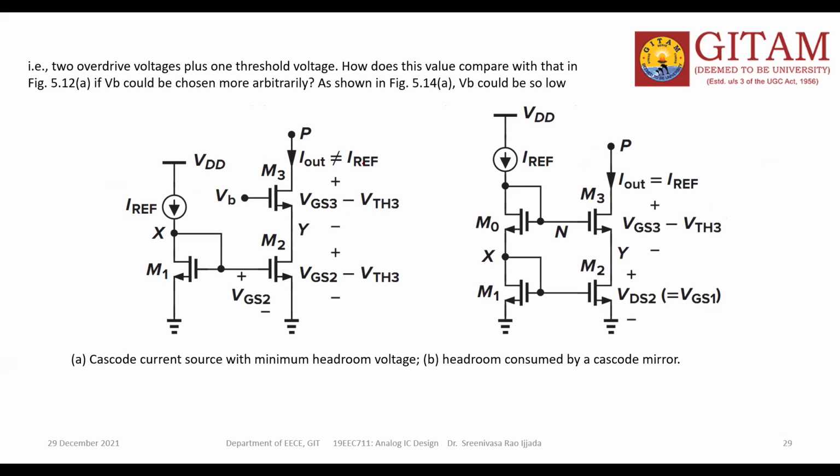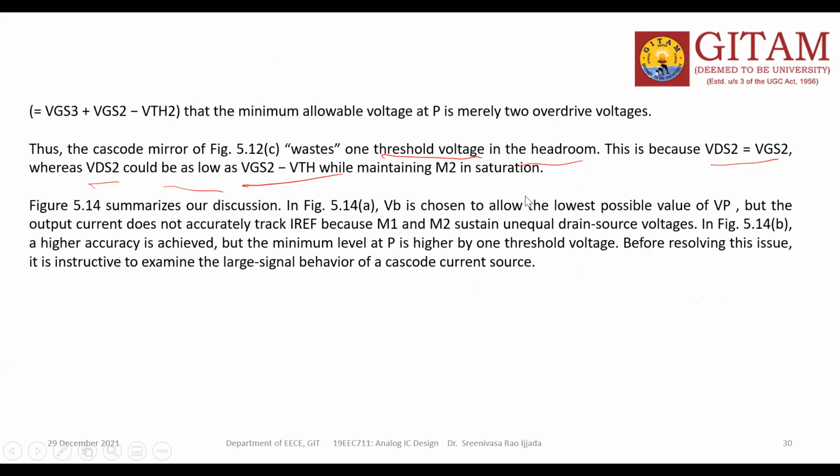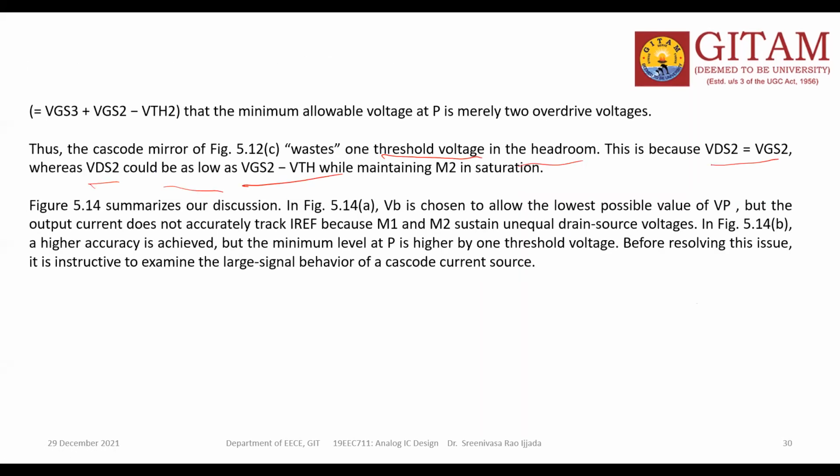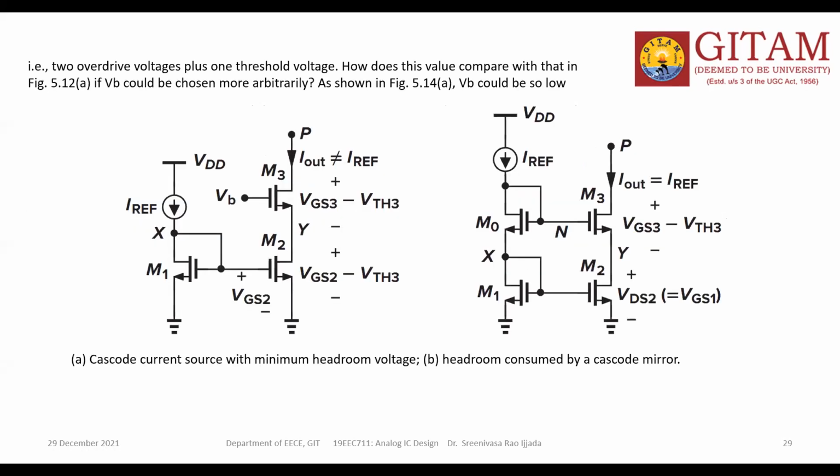In this circuit, the same circuit, VB is chosen. What is the VB value? Already it is fed by the two diodes connected in series. It should be as low as possible with the value of VP. VP means this one, VY means this one.